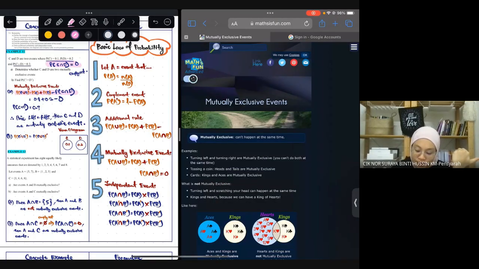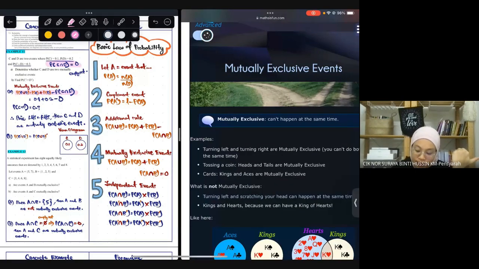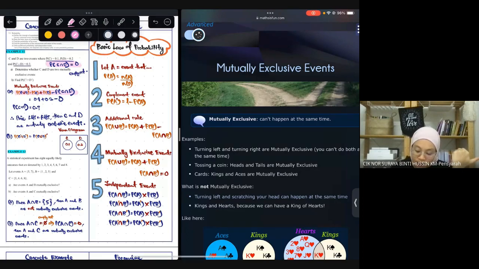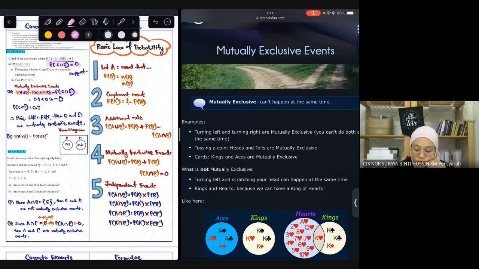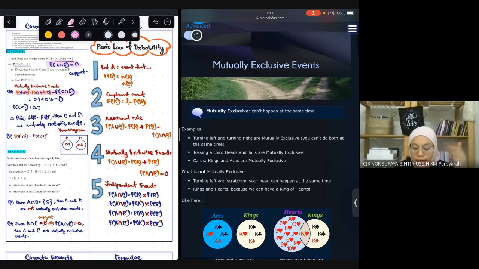Mutually exclusive means that it cannot happen at the same time. An example is tossing a coin. If you look here, the first example is turning left or turning right.